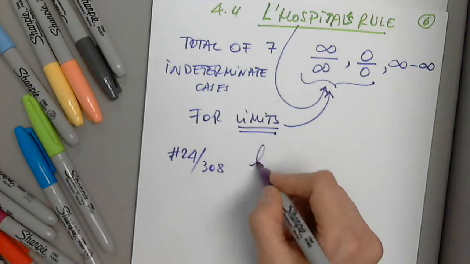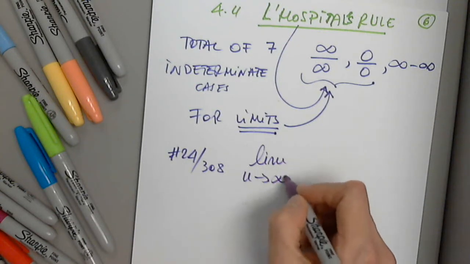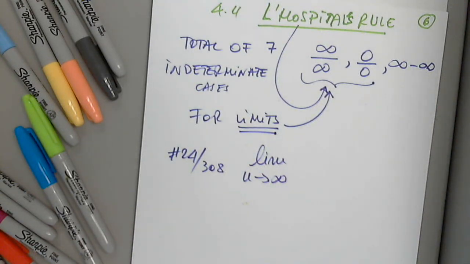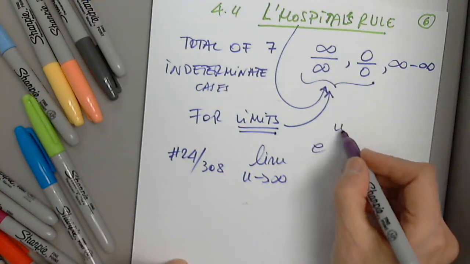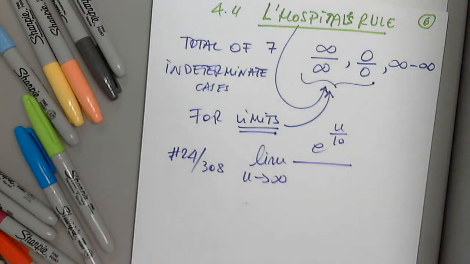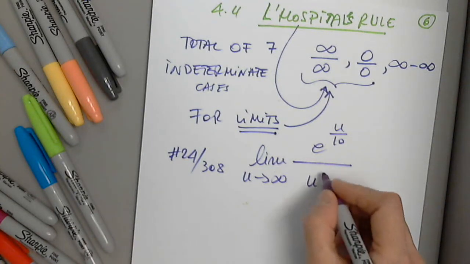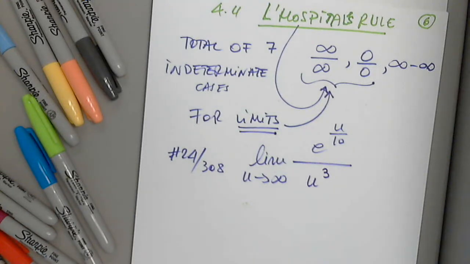Limit as u approaches infinity of e to u over 10, everything divided by u to the 3rd. We're asked to find this limit.